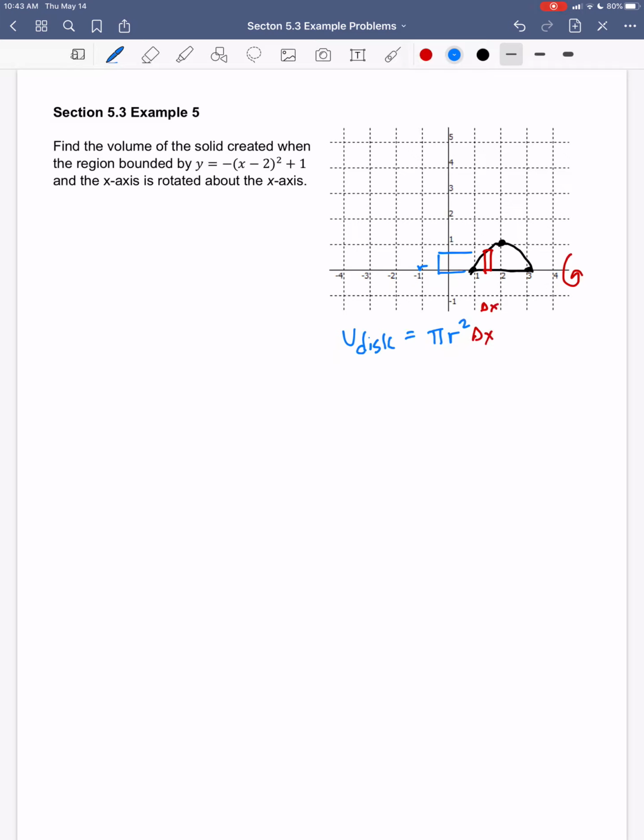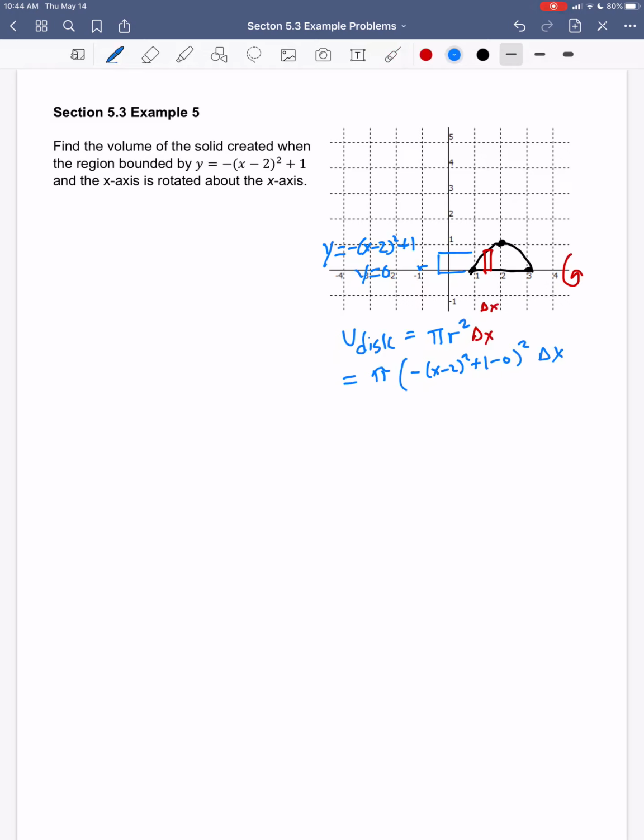So that's a vertical distance, so the top is this parabola, and the bottom is just y equals 0. So the volume of this disk, I take the radius as this top, which is here, minus the bottom, which is here.